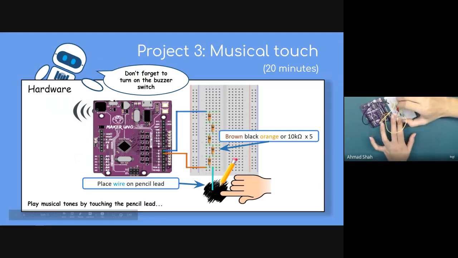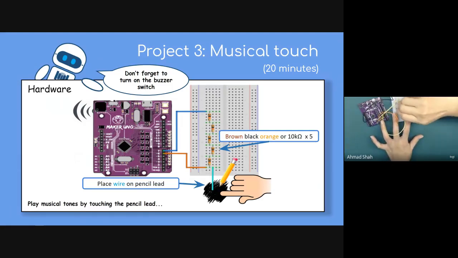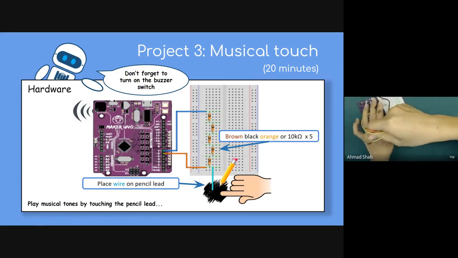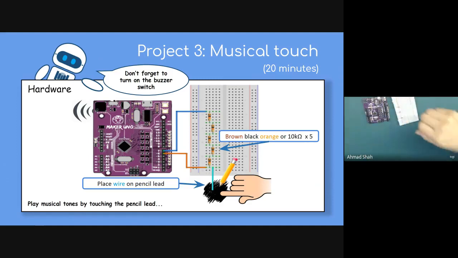So we shall unplug all these. Now in this project we don't need any LED anymore. All we need is just some resistors. The resistor we used just now is 220 ohm, which is not applicable for this project. We will be using 10k ohm instead.